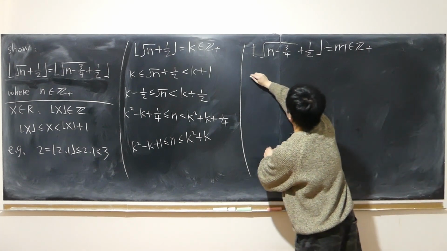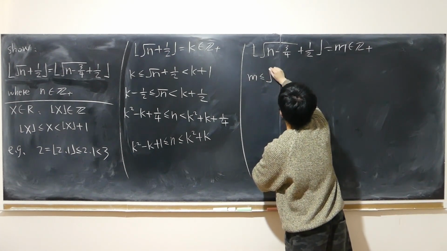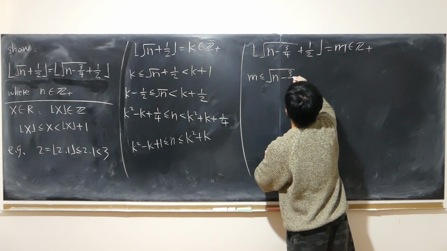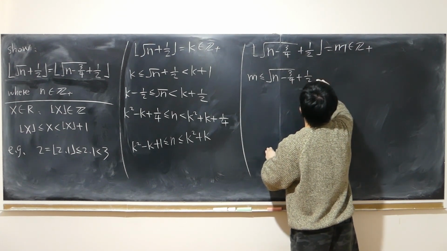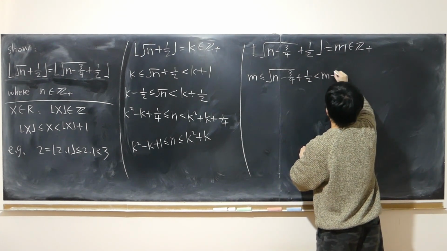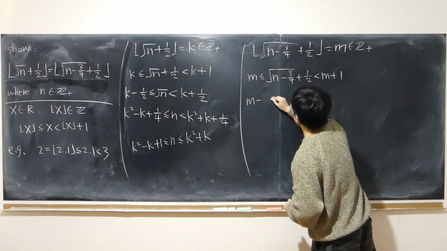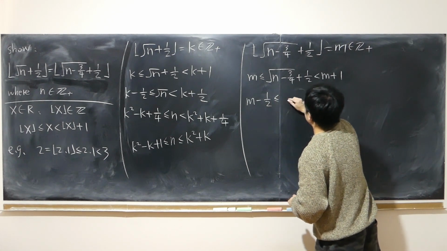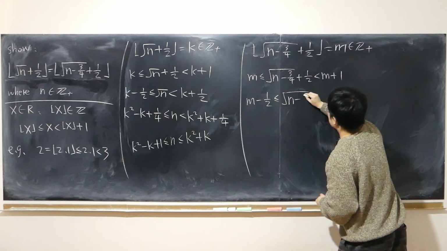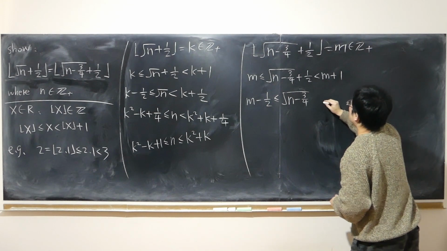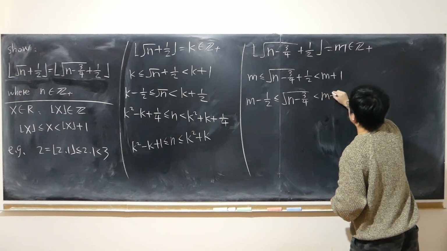Likewise, m is no larger than square root of n minus 3 over 4 plus half, strictly less than m plus 1. Minus half on both sides: m minus half is less than or equal to square root of n minus 3 over 4, strictly less than m plus half.